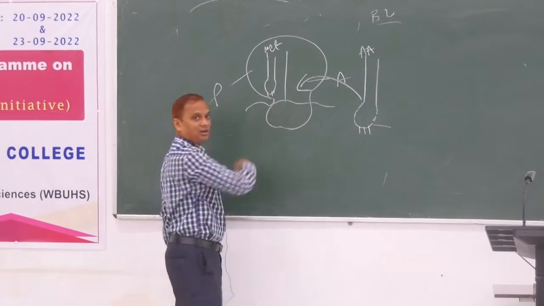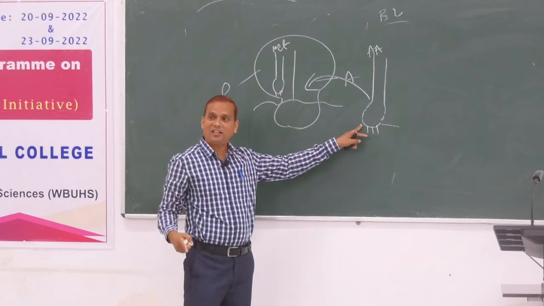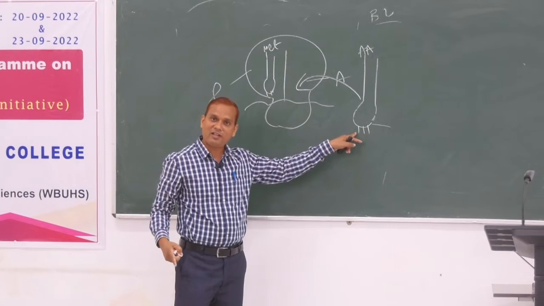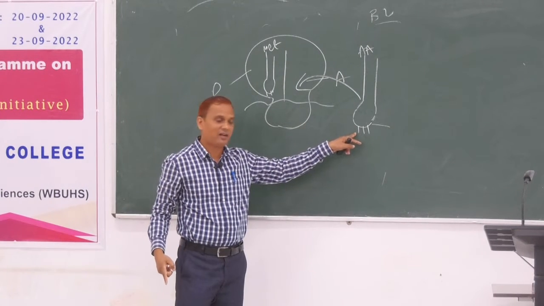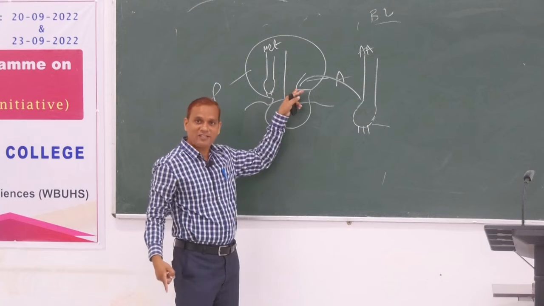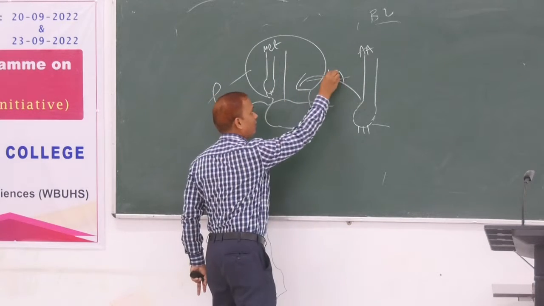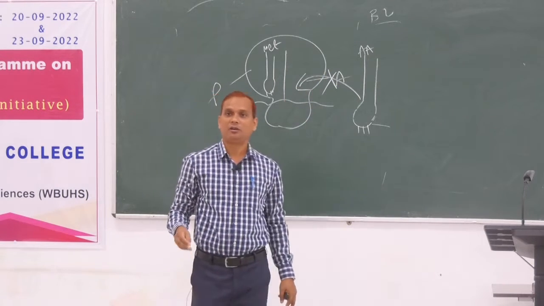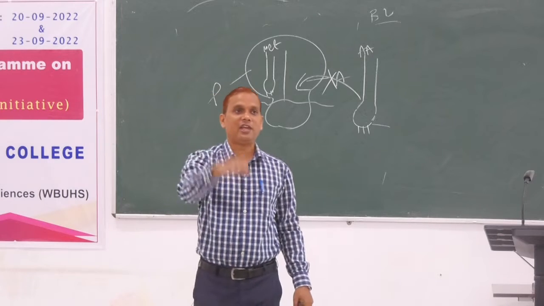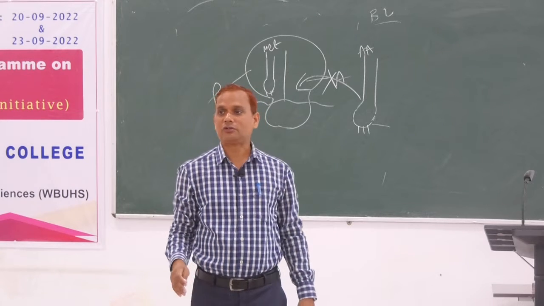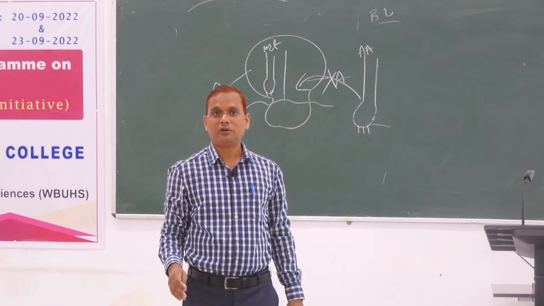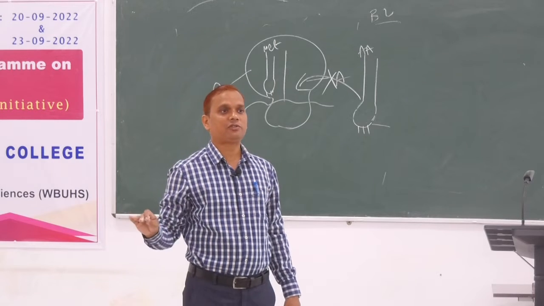This is the activated tRNA, and it should bind to the A site. So what will this antibiotic do? It will block here. That means it will not enter the A site, so the translation process will be stopped.